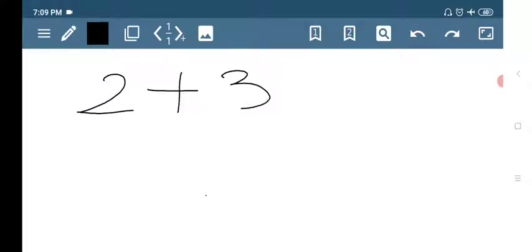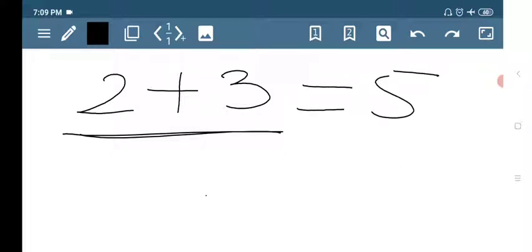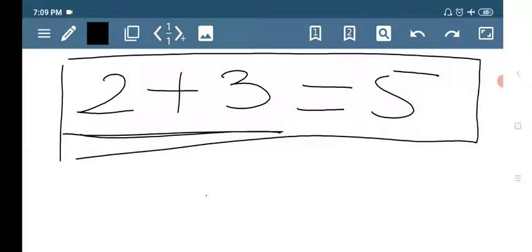So, dear students, let us start with, if you have 2 plus 3, how will you interpret this? What is this mathematically?